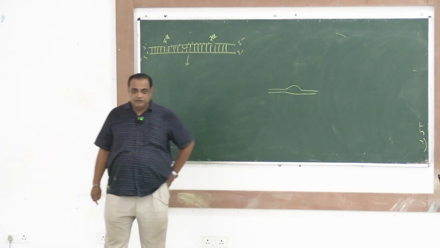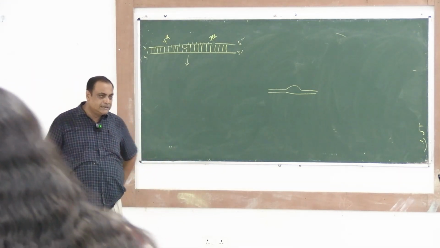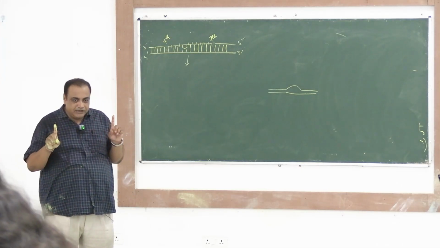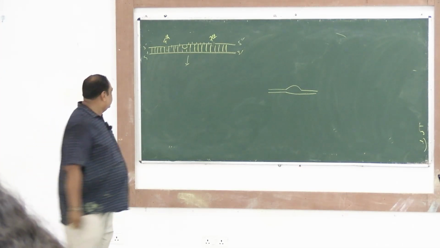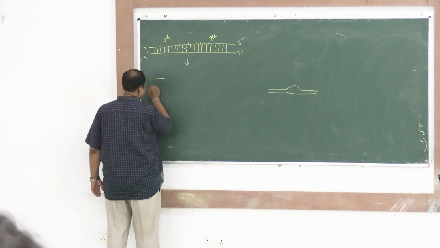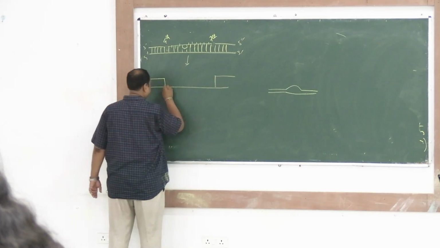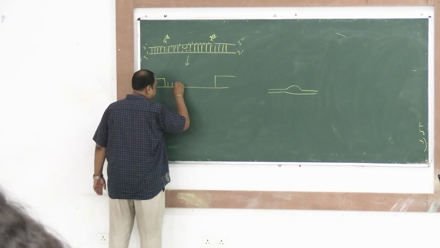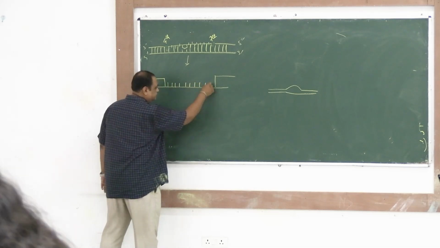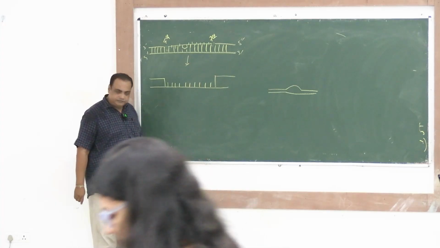Correct? Actually, how many? 10. Those two are counted as 1. So actually 10 nucleotides. So this 10 nucleotide region is removed.